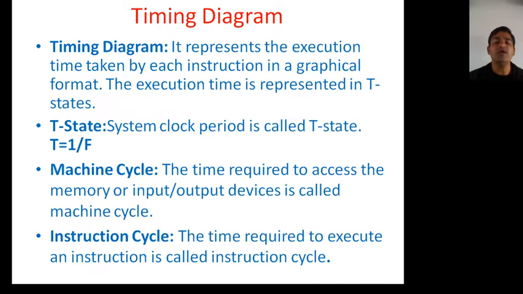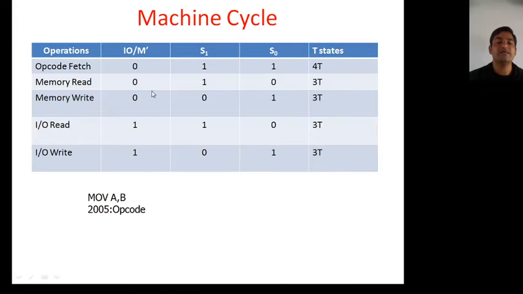Now you know what the operations are: opcode fetching, memory read, memory write, input output read, input output write. These are generally the machine cycles. You are already aware of this table; I already explained it in the pin diagram of 8085.